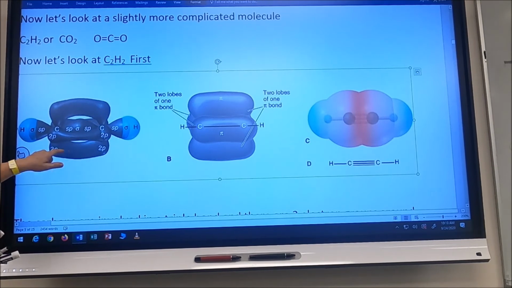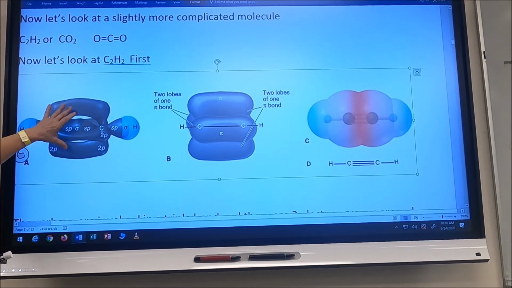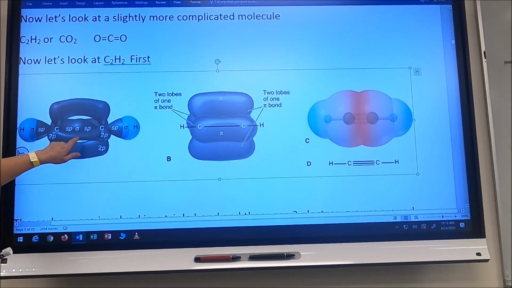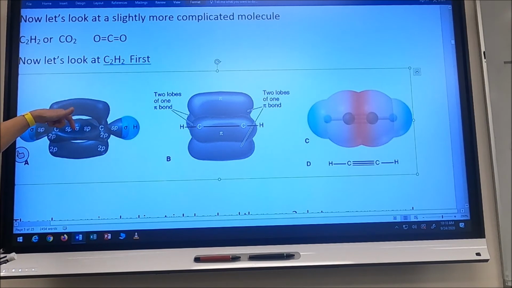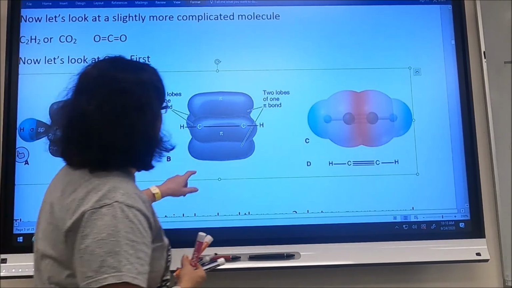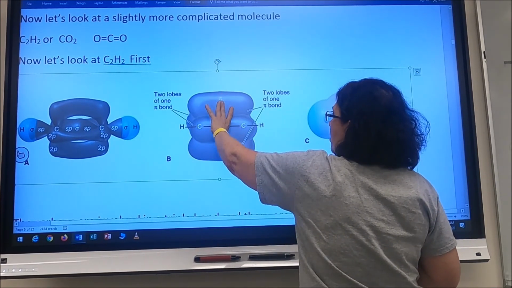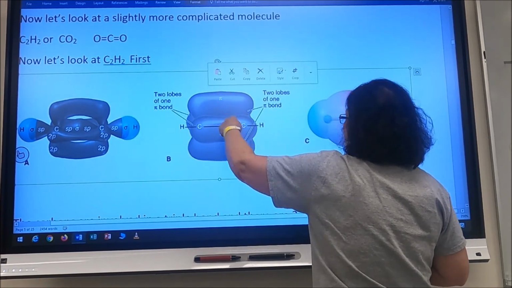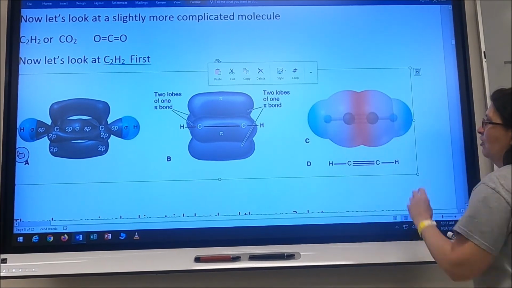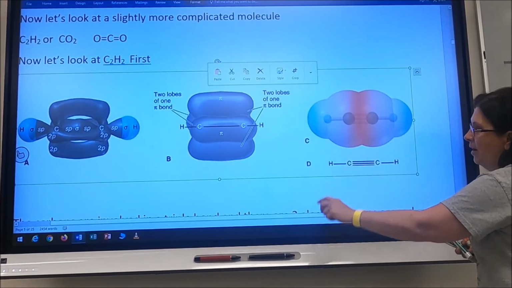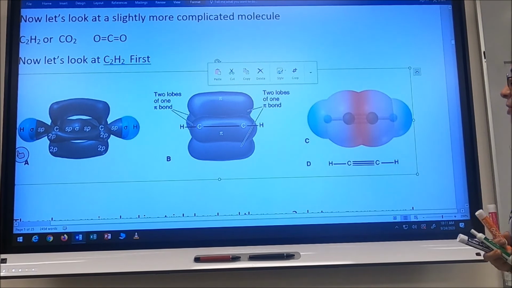Now, this and this right here is 2p unhybridized orbital overlap to form the first pi bond, and then right here and behind, that's where we get our second pi bond. Okay, so sigma down the middle, pi here, two pieces, pi there, two pieces, and this is just a space filling model, and there's its Lewis dot structure.